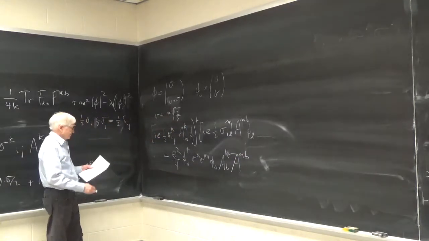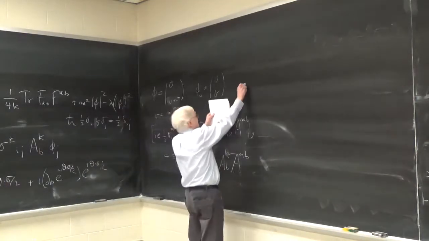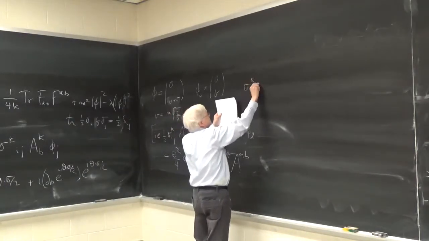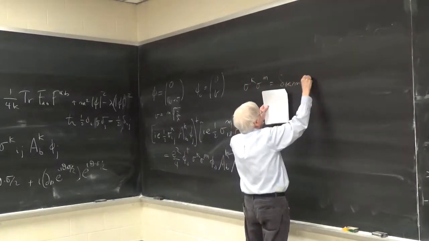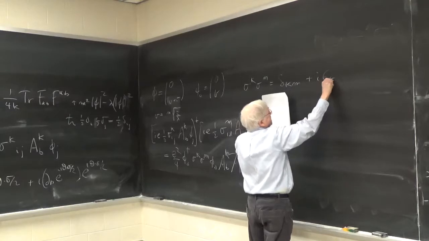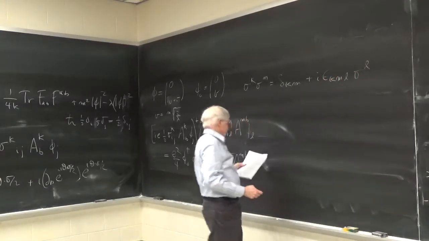And there is, of course, this standard relation for the Pauli matrices: sigma_k sigma_m is delta_km plus i epsilon_kml sigma_l.